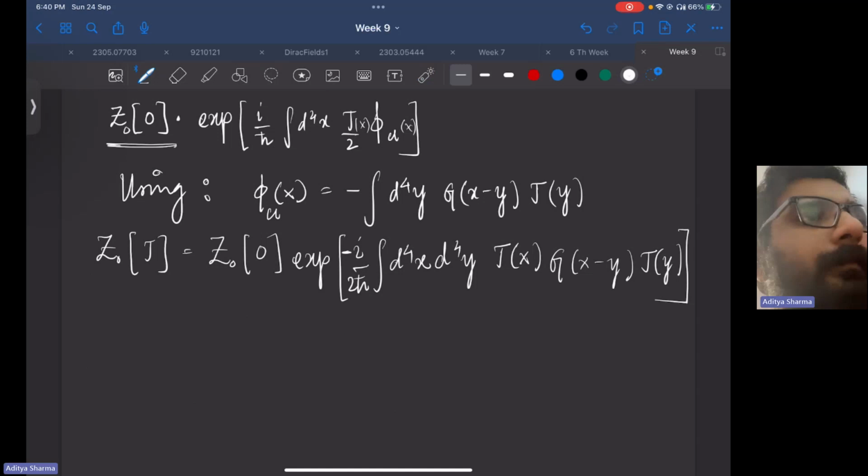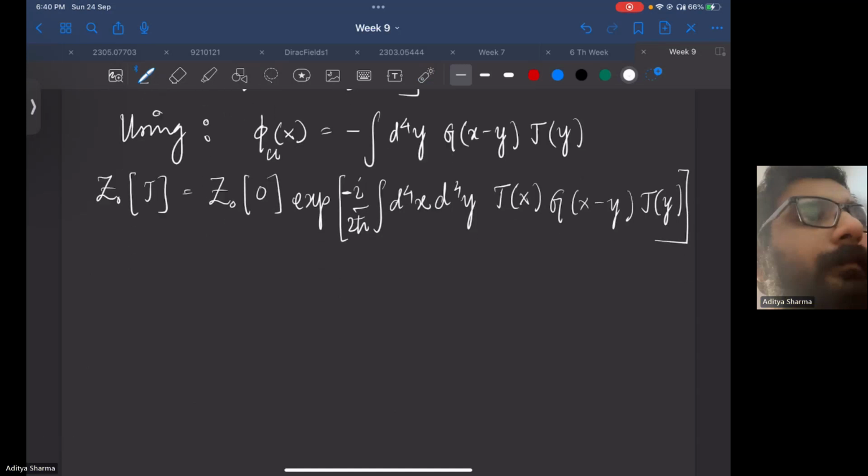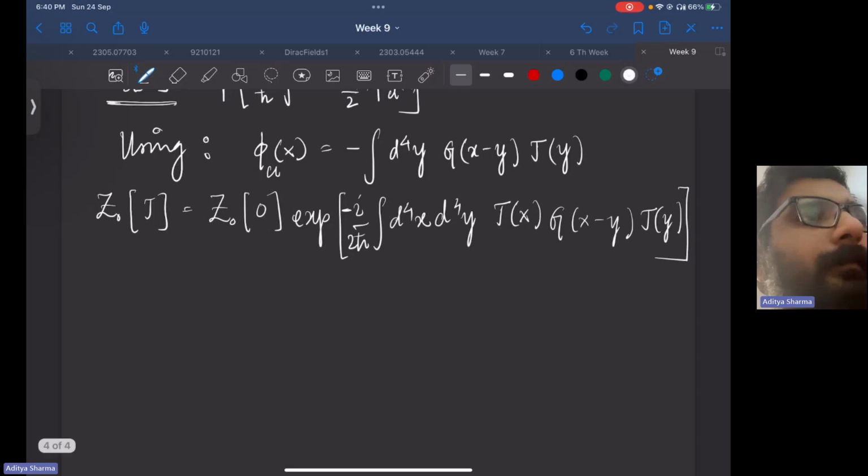So now this can be written as, now, if you want to find any higher point correlation function, this is our solution.